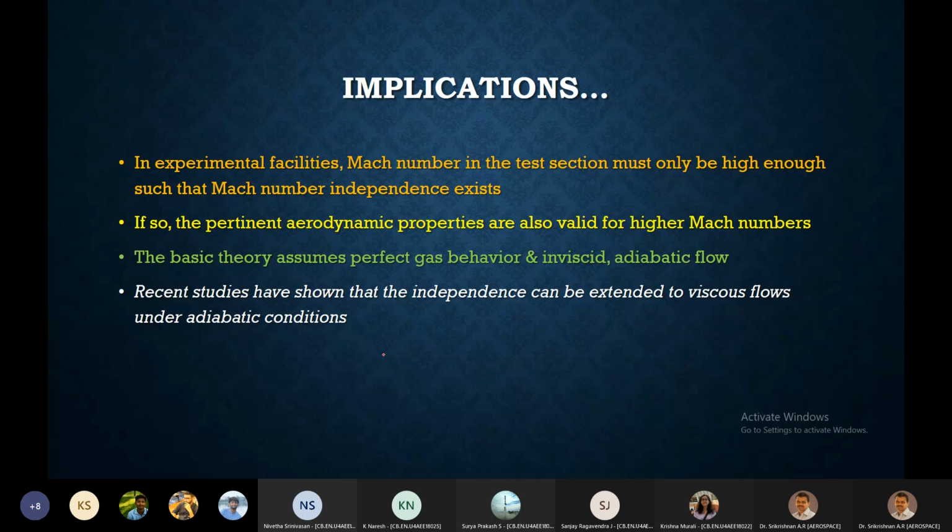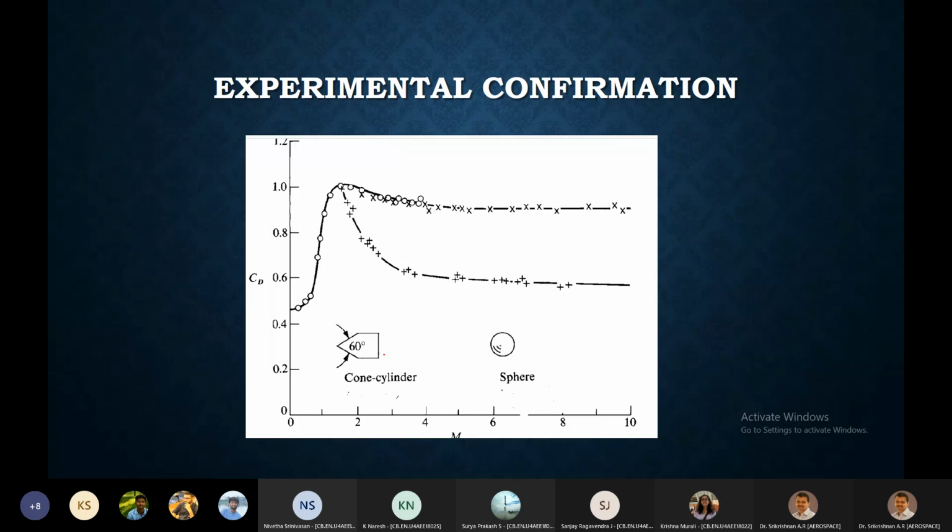Now you can see that there are two graphs shown, one for a sphere and the other for a cone cylinder. That is the shape shown there, with an included angle of 60.